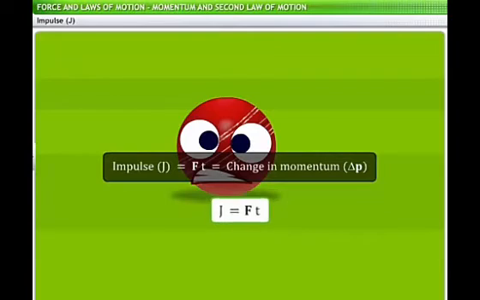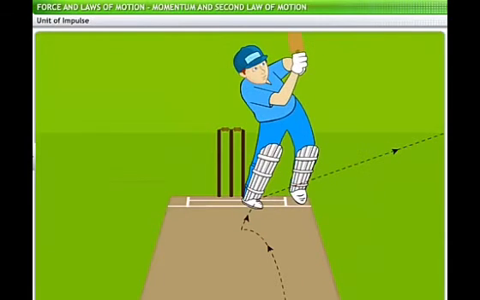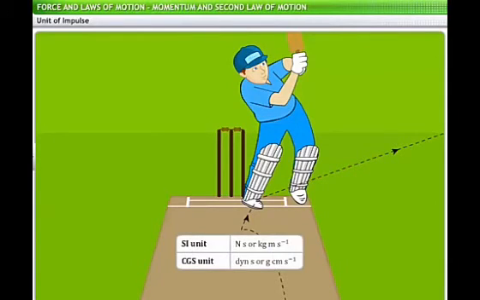Impulse is denoted by J and is measured as a product of force and time. As the impulse of a body is numerically equal to change in its momentum, the unit of impulse can also be expressed by the unit of momentum. Thus, the SI and CGS units of impulse are Newton second and dyne second respectively.